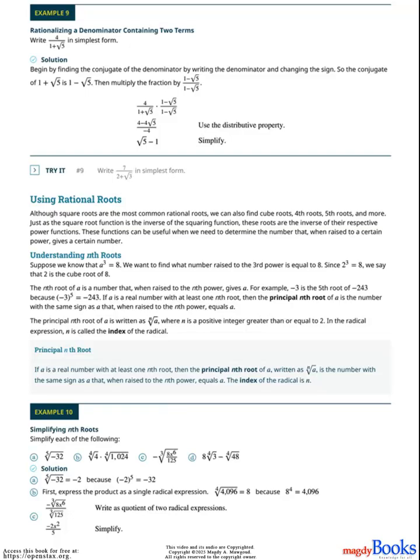Use the distributive property. Square root of 5 minus 1. Simplify. Try it number 9. Write 7 over 2 plus square root of 3 in simplest form.